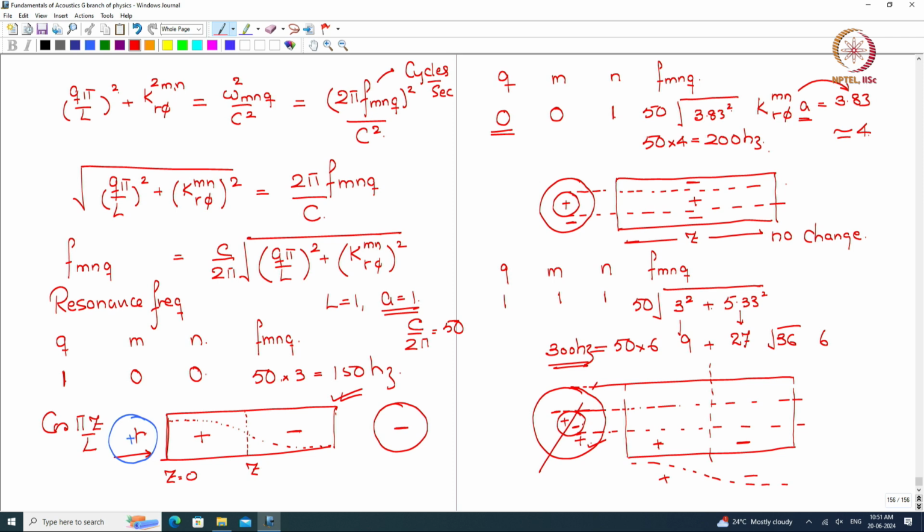Okay, and now if I look at this part, this is a minus, so I get a minus here and it will be a plus on this side.